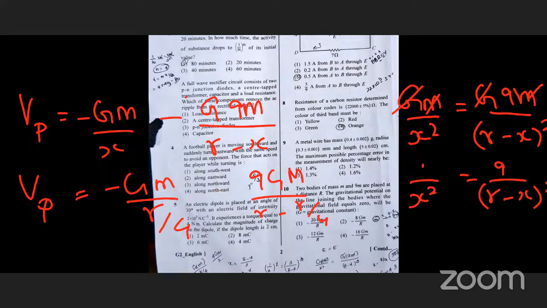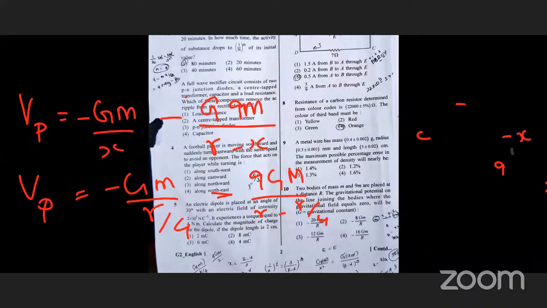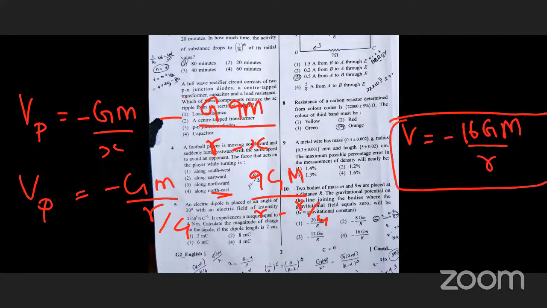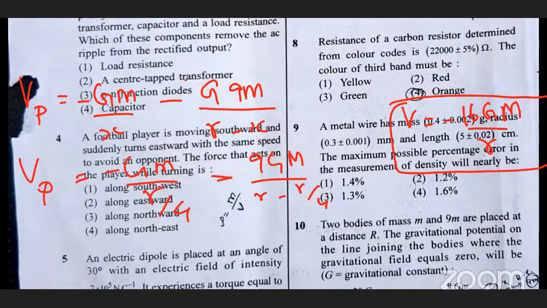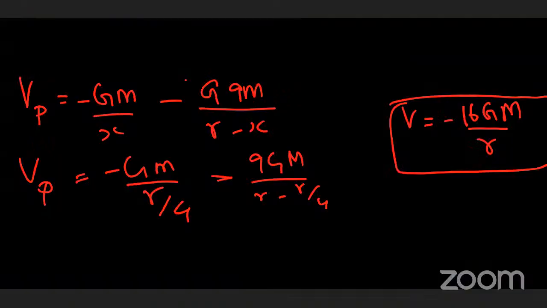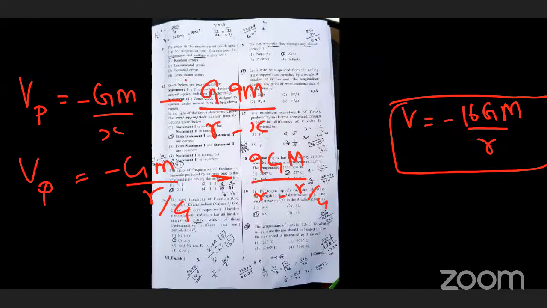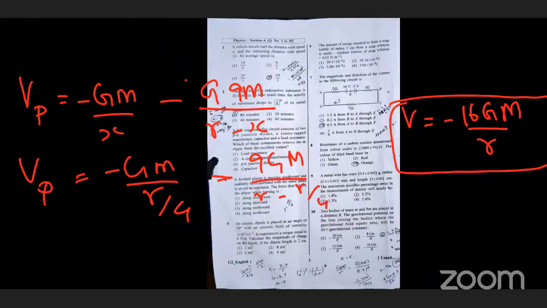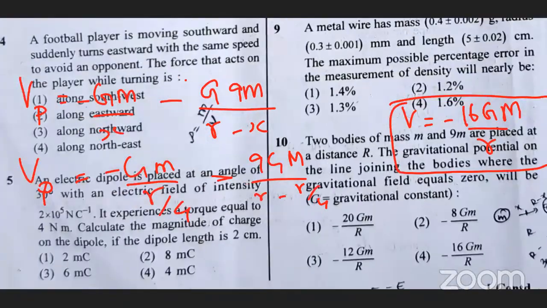Solving these two, we get potential V is equal to minus 16 Gm by r. This is the option. The answer for the question is minus 16 Gm by r. So option number 4.